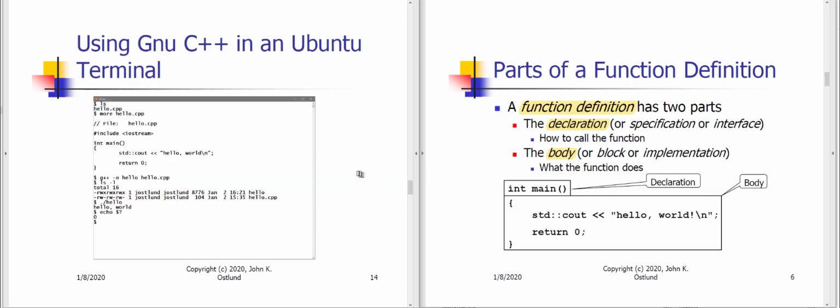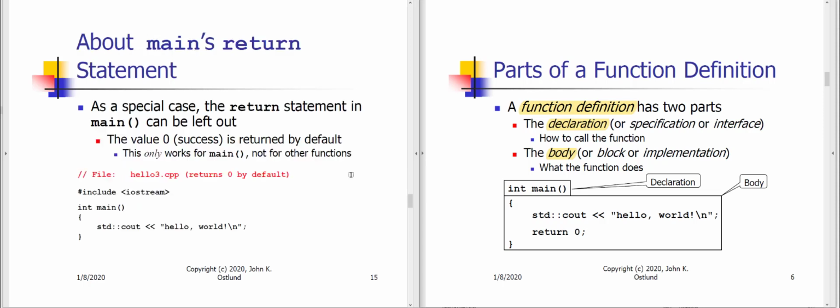Okay, so here on slide 14 is an example of what I already went through live on my Ubuntu interface. Now, it turns out, as a special case, that you don't need the return statement at the bottom of main. Main is the one and only function that does return a value. Specifically, main is returning an int value, where it is permitted to leave out the return statement.